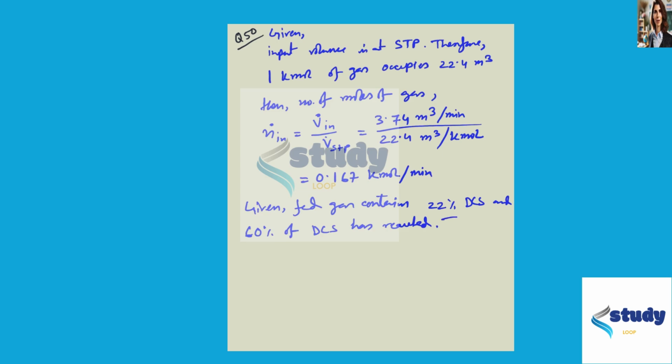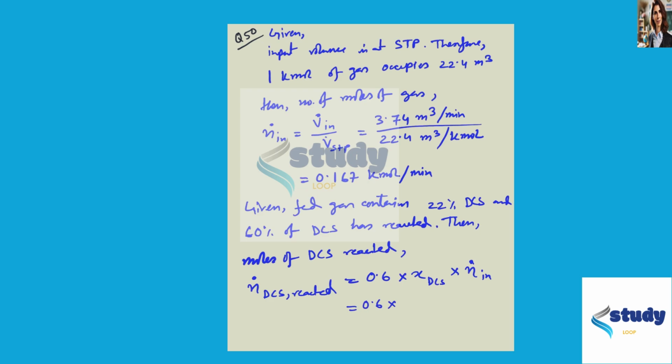Therefore, the moles of DCS reacted is equal to the 60% that reacted, which means 0.6 multiplied by the mole fraction of DCS and the total number of moles that was fed, and therefore 0.6 multiplied by 0.22, that is the mole fraction of DCS, multiplied by the total number of moles, which is 0.167 kilomole per minute.